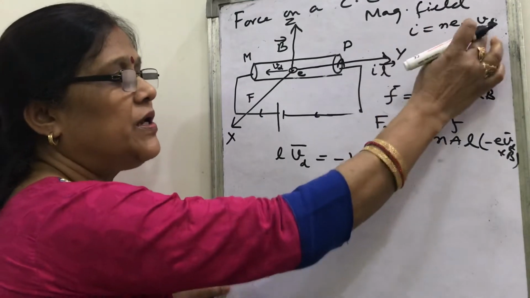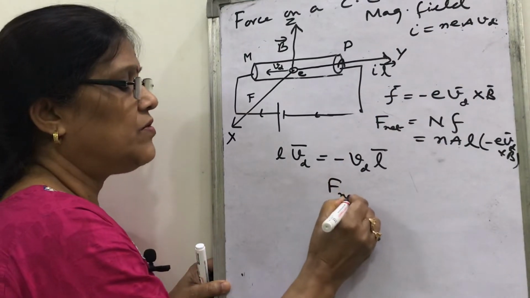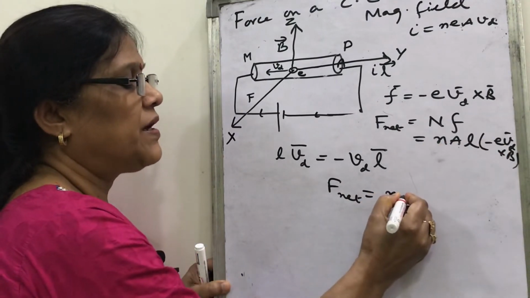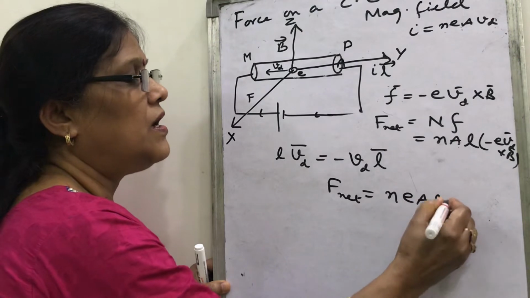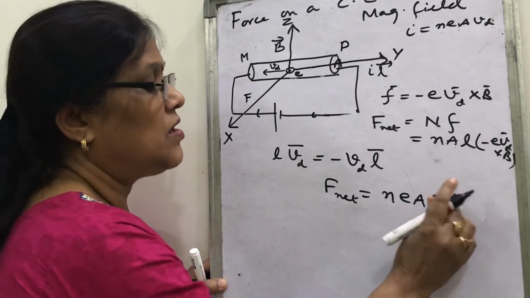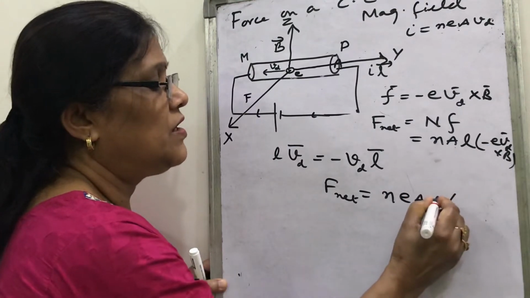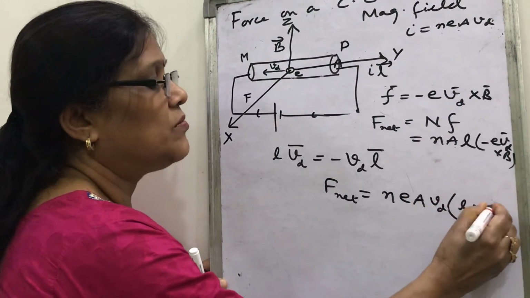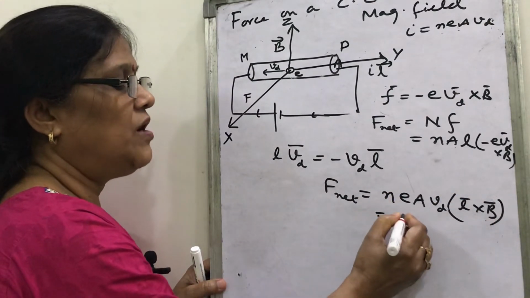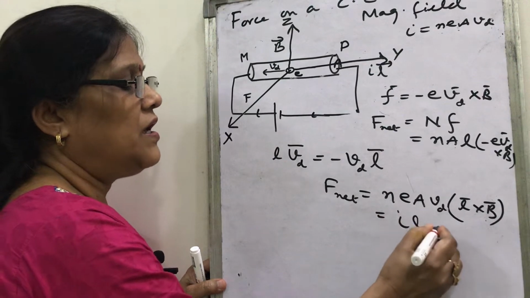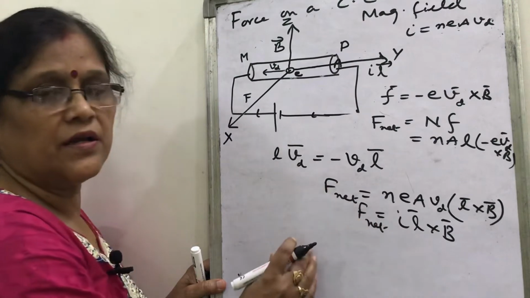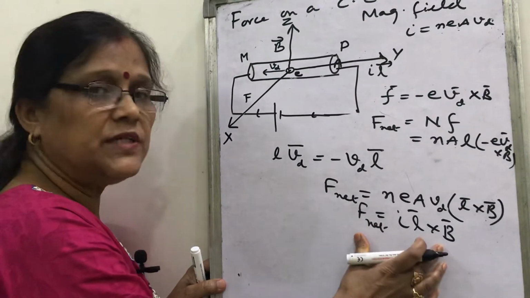That I equals n e A VD, then F net is equal to n, bring e outside the bracket, e A L within bracket. This is n e A VD within bracket, L cross B, and now L and B both are vectors, and this is I. So we have learned here that I L cross B is the net force acting on the wire. So this is the force acting on the wire.